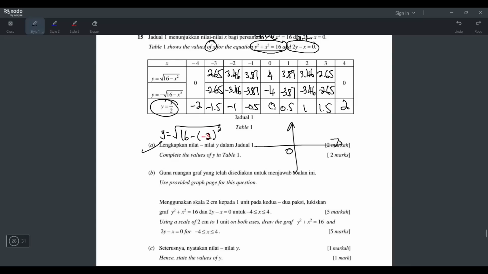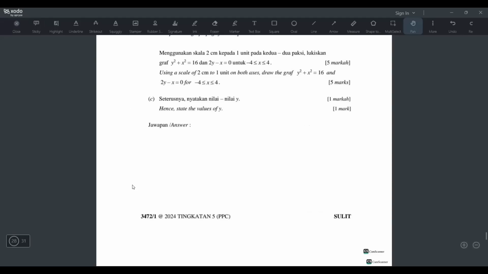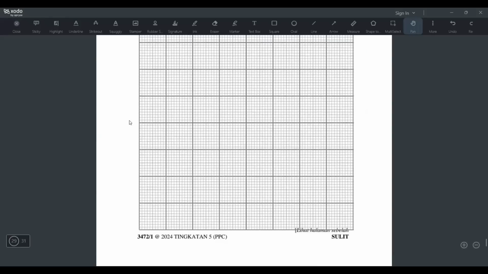Because even for the straight line it's the same. You see the highest value is 2, the smallest value is negative 2, right? And for the x coordinate also, the biggest is 4, the lowest is negative 4. So you will put the 0 in the middle, okay? Because there's an equal amount of negative value and an equal amount of positive value. So the 0 is best put in the middle.